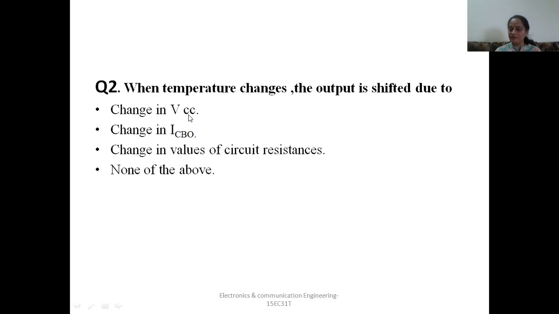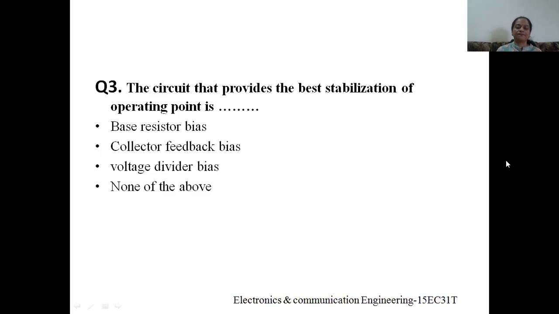Change in VCC? No, it's a supply voltage. Change in ICBO. This is called the reverse saturation current. So when temperature changes, this change will occur, and because of this change, the output will be shifted. So the answer for second is change in ICBO, that is reverse saturation current.